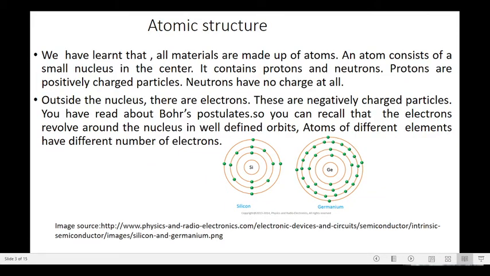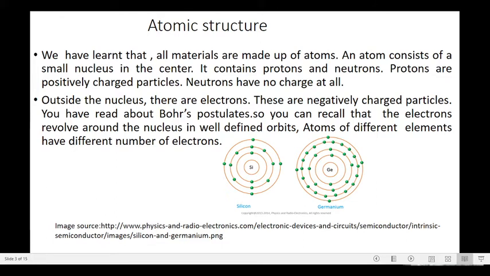Atomic structure. We have learnt that all materials are made up of atoms. An atom consists of a small nucleus in the center. It contains protons and neutrons. Protons are positively charged particles. Neutrons have no charge at all. Outside the nucleus, there are electrons.